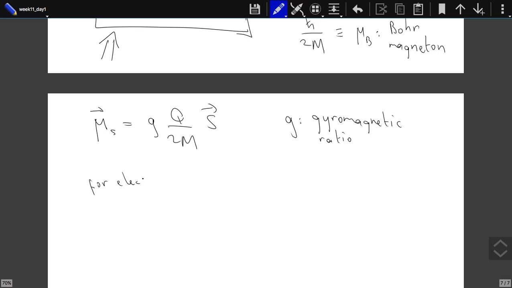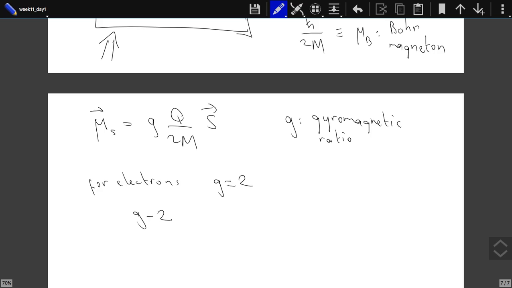So let's say for electrons, G turns out to be 2. Now we can calculate it, etc. It's not exactly 2. If you calculate the quantum corrections, it deviates slightly from 2, and in fact the first calculation of how much it deviates from 2 earned the Nobel Prize for Schwinger.